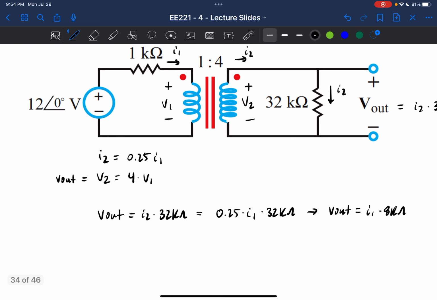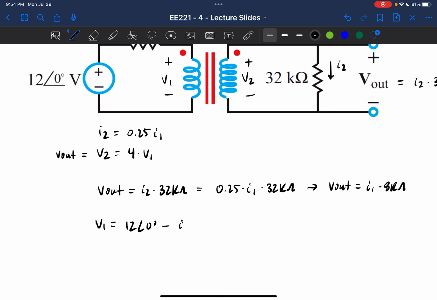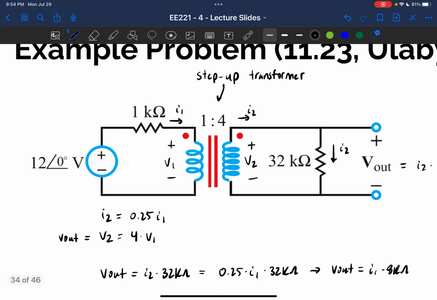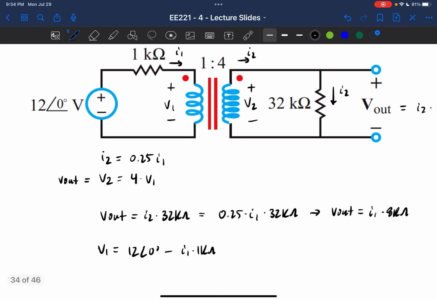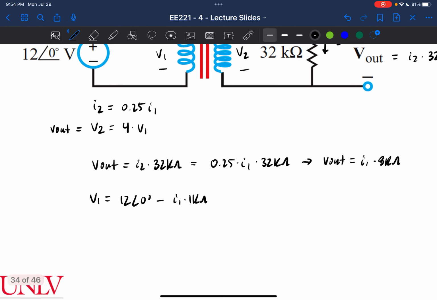And we can get that because we know that V1 is equal to 12 angle 0 minus the voltage dropped across that 1K resistor, which is just going to be I1 times 1 kilo ohm. I hope you would agree with me that the voltage dropped across this resistor is going to be I1 times 1 kilo ohm. Okay, so then V2 or V out is just 4 times that.